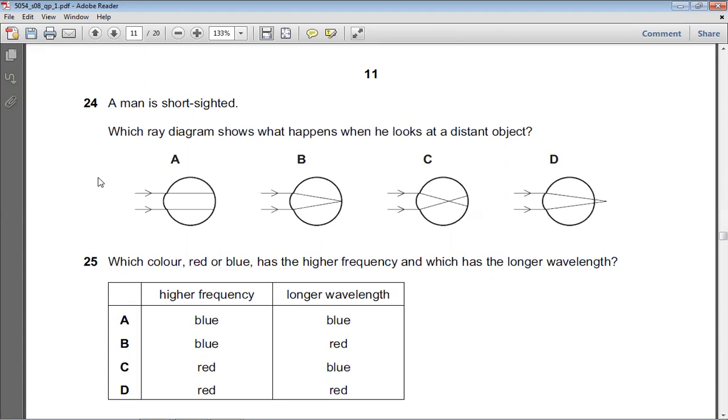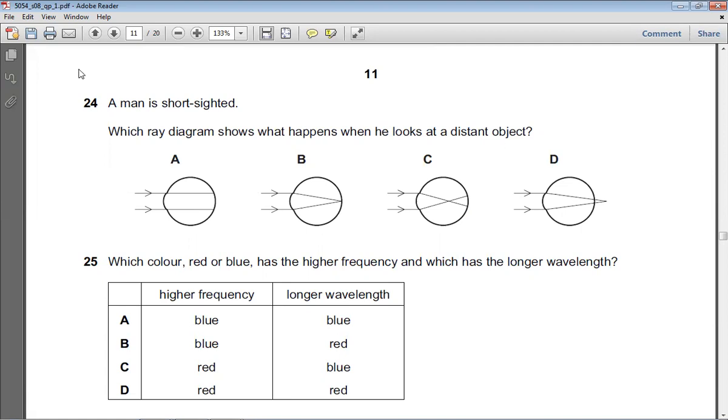So the light rays will cross each other before the retina. They are supposed to be crossing each other or focusing on the retina. But when somebody becomes short-sighted, the lens of the eye starts bending the light rays too much. So what happens? They make the image before the retina. So his question is, which ray diagram shows what happens when he looks at a distant object?